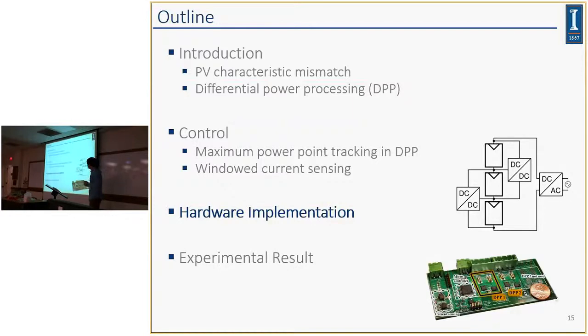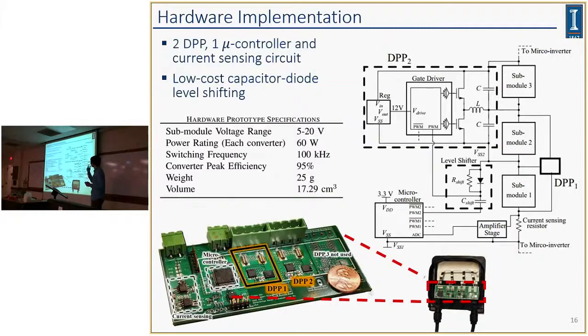Next is about how we implement this control algorithm. What we have done is integrate two DPP converters and one microcontroller in one piece of PCB, and we use a relatively low-cost passive capacitor diode level shifting circuit to help reduce the cost and size.